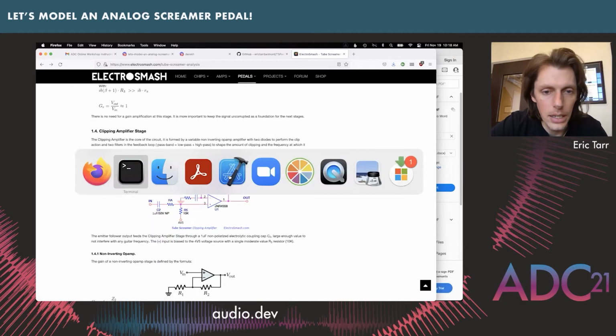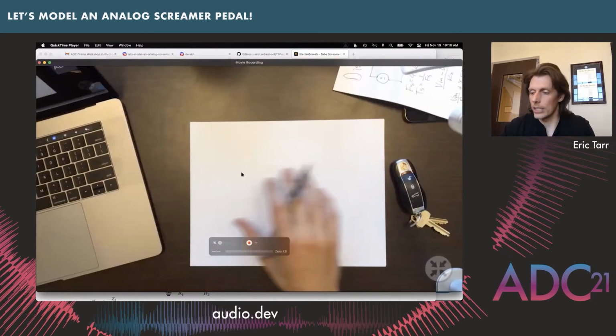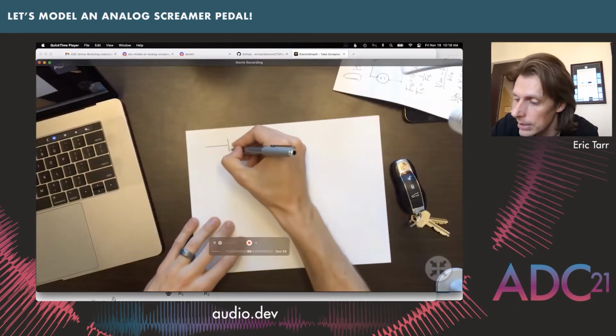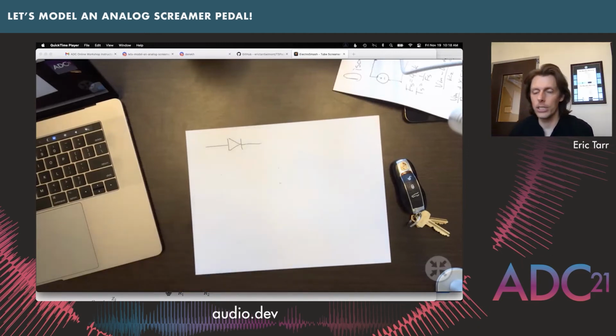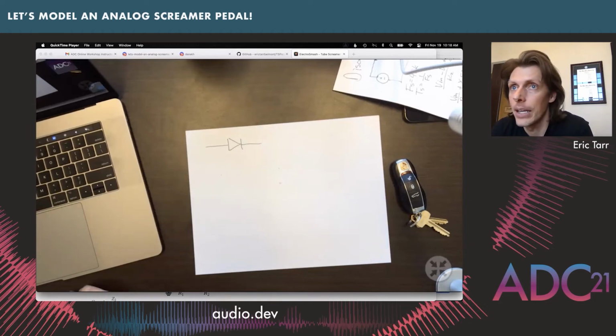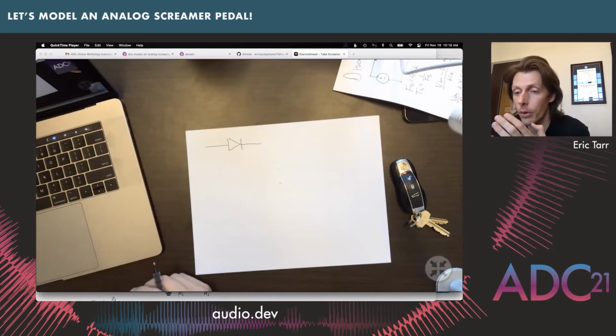So a diode has a schematic symbol that looks like this. The basic idea of a diode is that it's going to allow our signal to flow through, or stop the signal from flowing through, when it's either positive or negative.